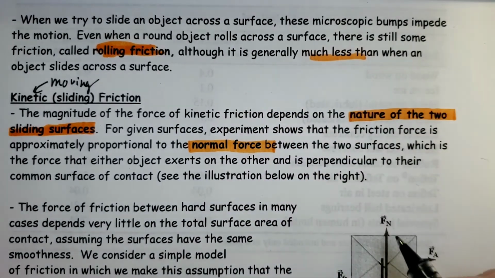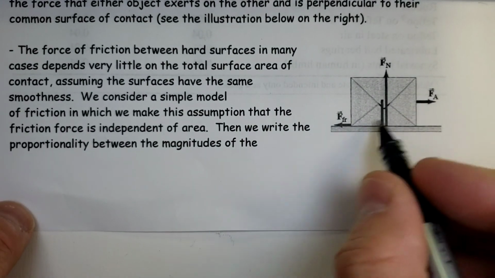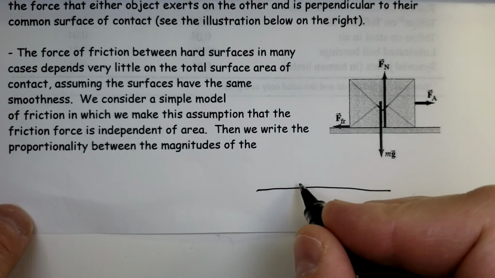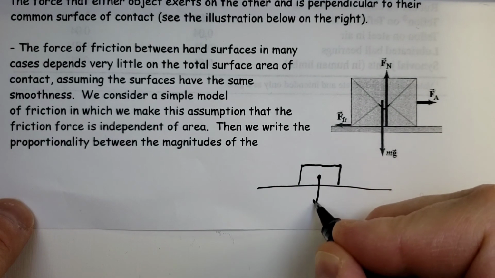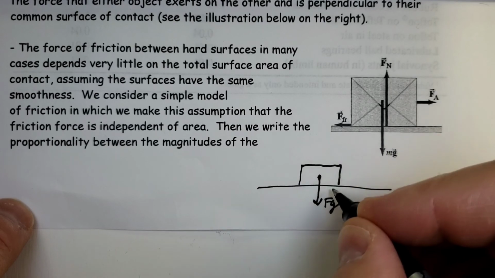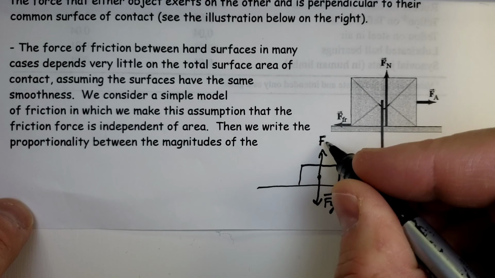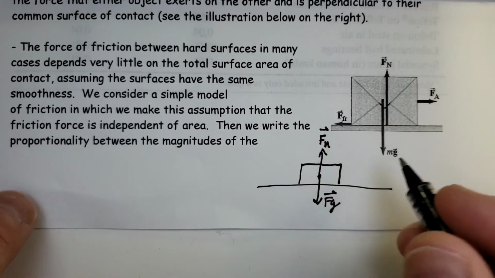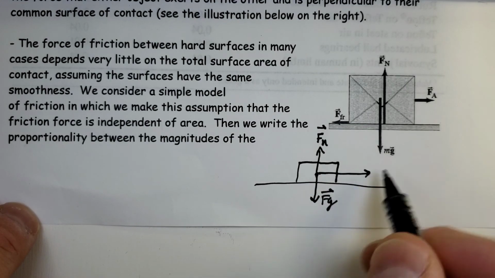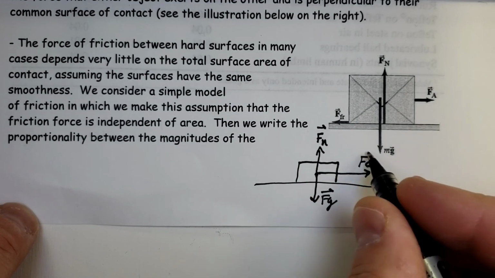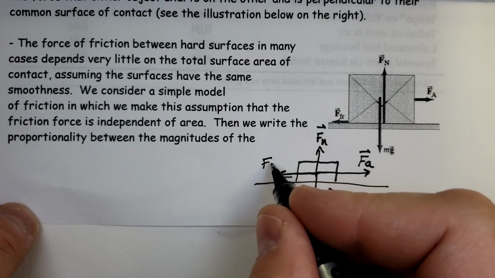Looking at this diagram, a better way is to draw the free-body diagrams like this. We draw Fg pulling downwards, and the normal force, the force that the table exerts back on the box. If it's a scenario in which we have something pulling this way, I'll call it Fa for applied force, and friction working against the applied force.